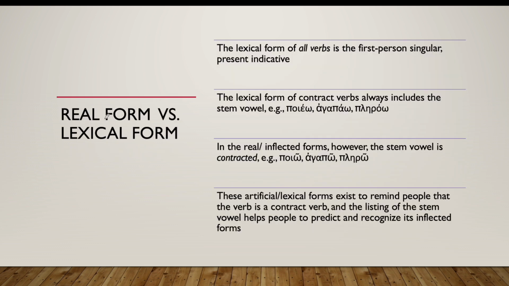So I want to talk about the real form versus the lexical form. The lexical form is what you find in the dictionary. So if you were to look up these verbs in a dictionary, you would find a certain form: poieo, agapao, plerao, which is always the first person singular, present, indicative, active.